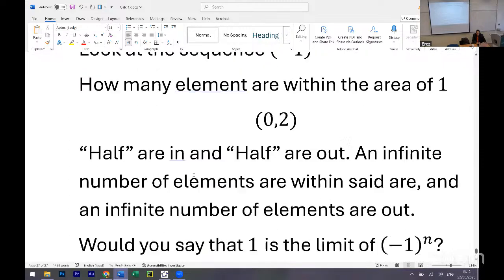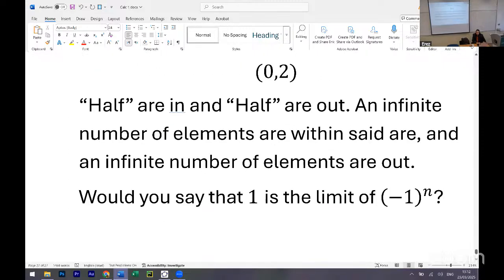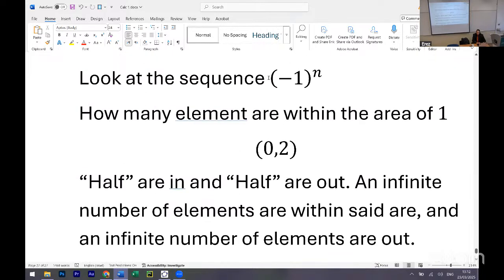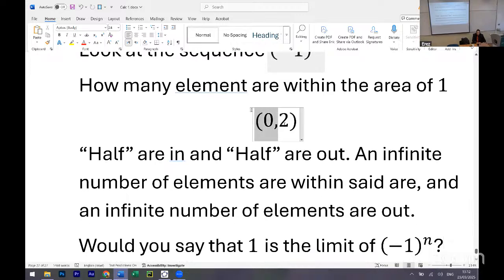How many elements of the sequence -1 to the power of n are not in the area 0 to 2? An infinite number.